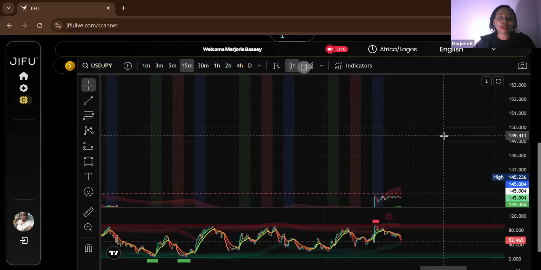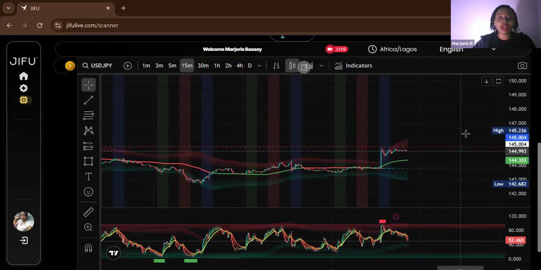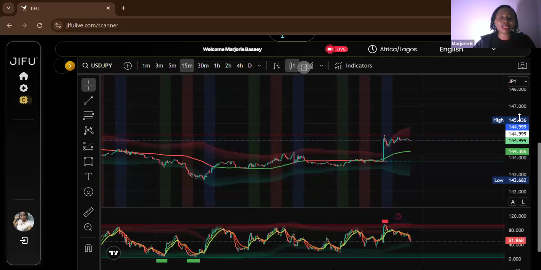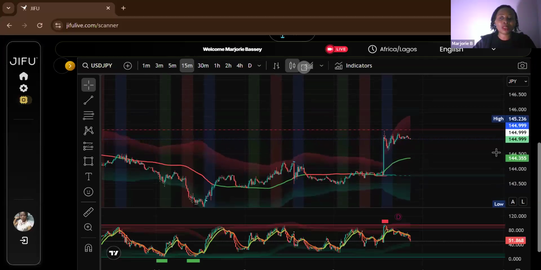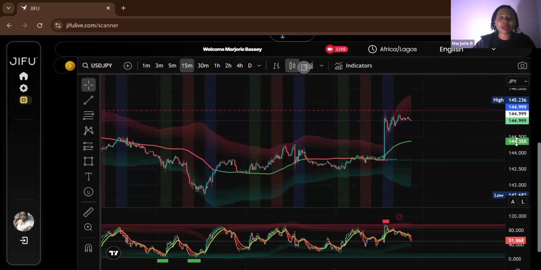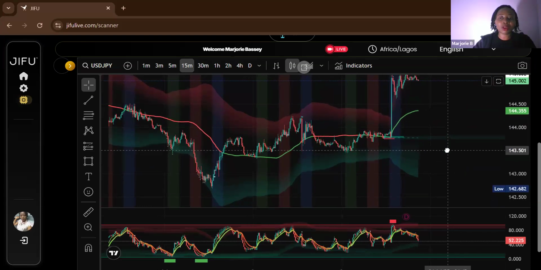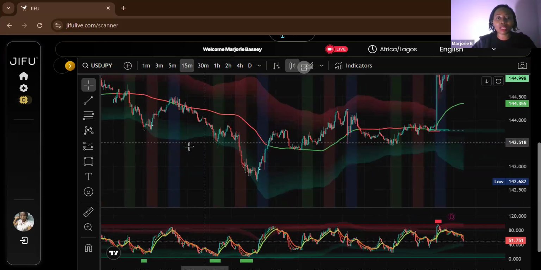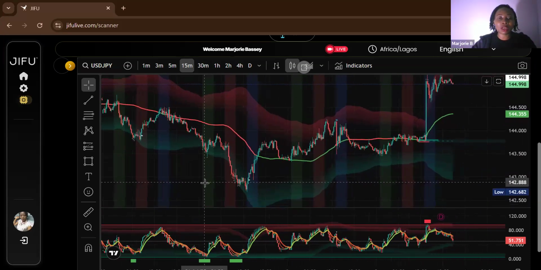Now, why are these important? You can actually see what happened in the market, because in trading you have a period of accumulation, you have a period of distribution as well, and then it reverses.